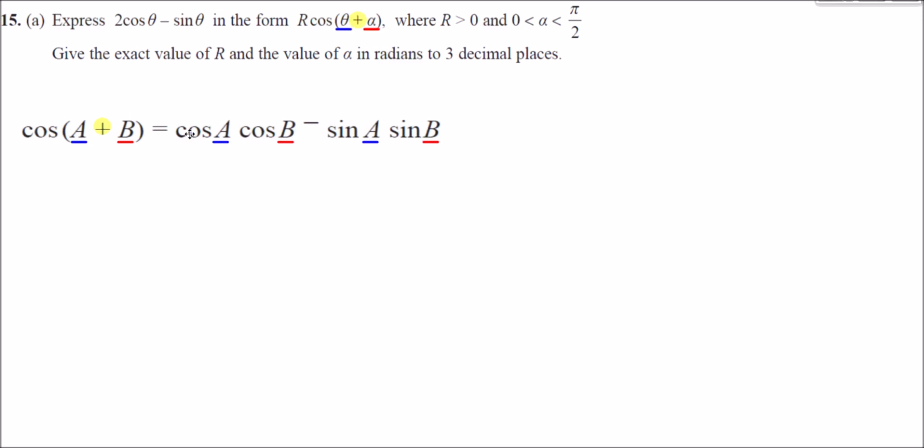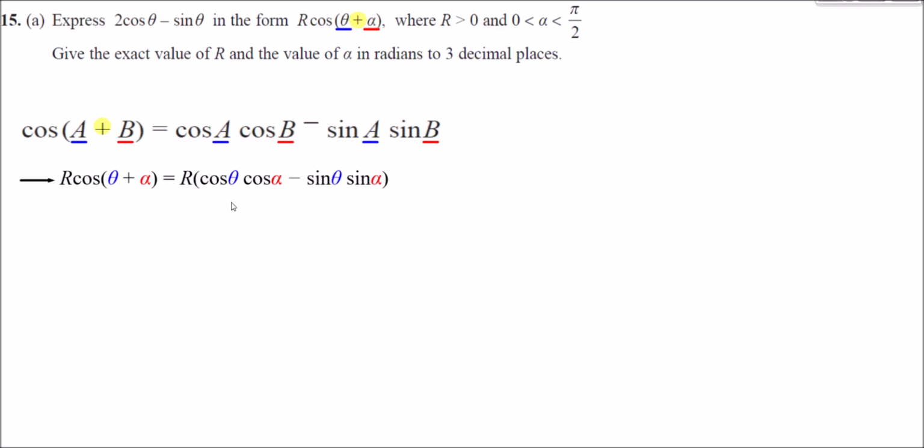Replacing A with theta and B with alpha, and multiplying all of this by r at the front, this becomes the following. We get r cos(theta plus alpha) is r lots of cos theta cos alpha minus sin theta sin alpha.